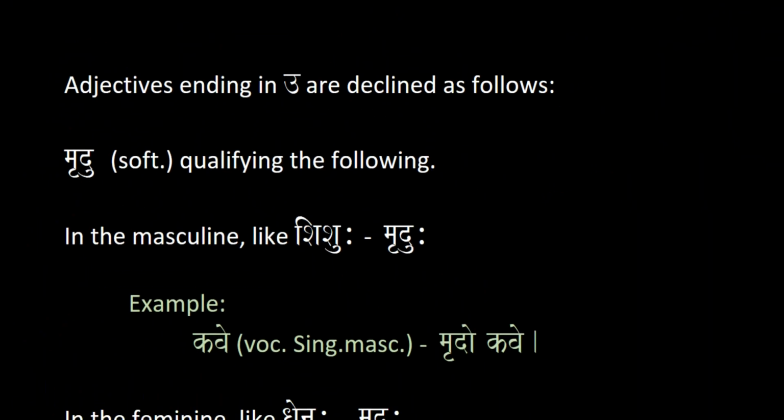Adjectives ending in u are declined as follows. We will be using mridu, which means soft, as an example.